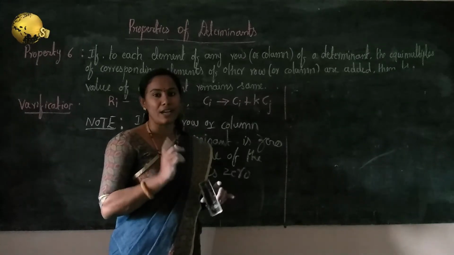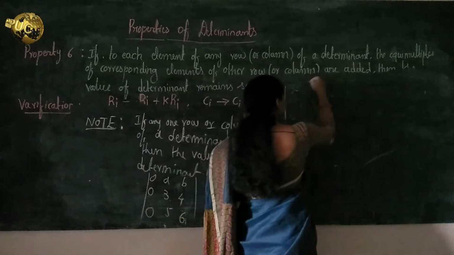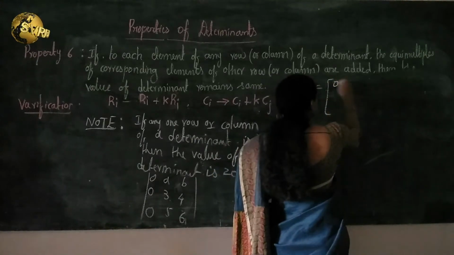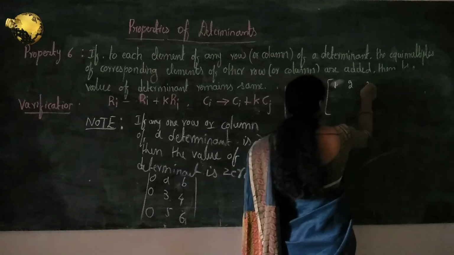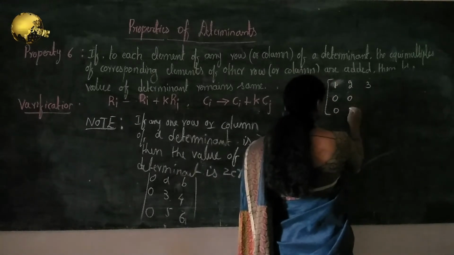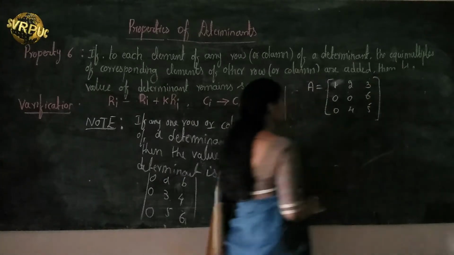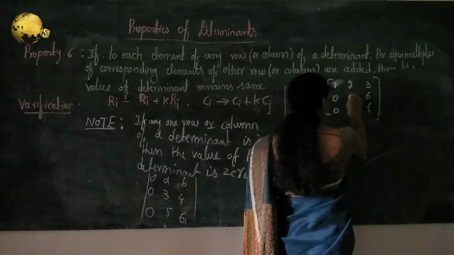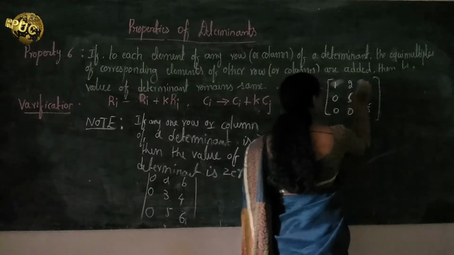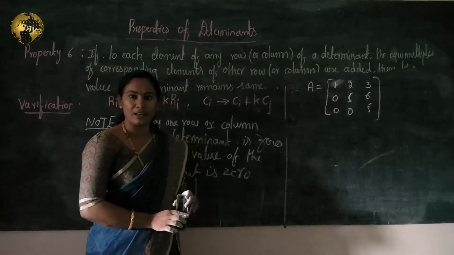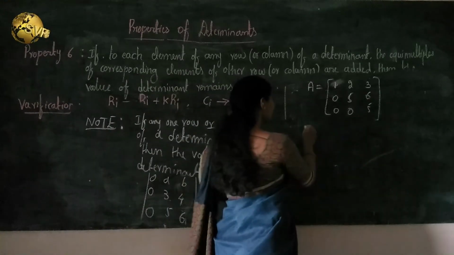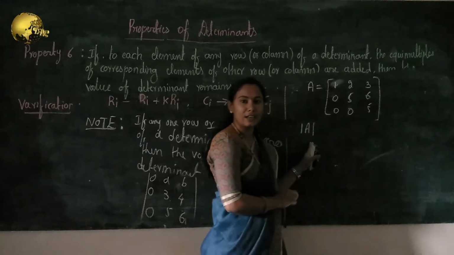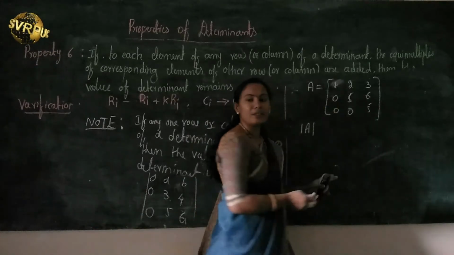Here I take a matrix A with entries 1, 2, 3 and so on. This is one of the triangular matrices. In this, we can find the value of the determinant directly.